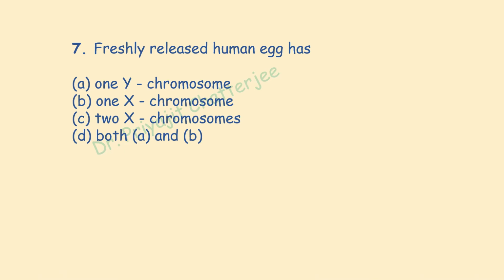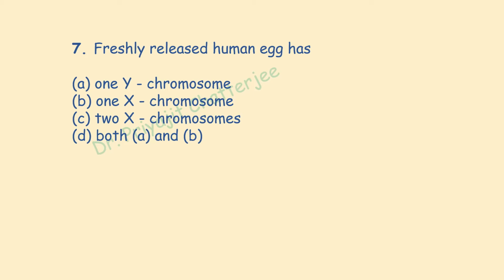Freshly released human egg has. There are four options. The first option is one Y chromosome, second one is one X chromosome, the third one is two X chromosomes, and the option D or the fourth option is both A and B. We know the cell substance of ovum is known as ooplasm, which is the cytoplasm of the ovum. The nucleus is also known as germinal vesicle, and the nucleolus is known as the germinal spot.